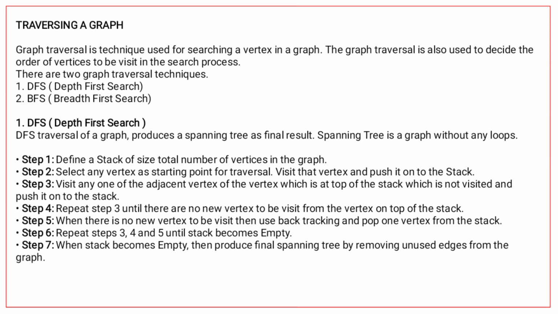Step 6. Repeat steps 3, 4 and 5 until the stack becomes empty. And step 7. When the stack becomes empty, produce the final spanning tree by removing unused edges from the graph. Now these steps are used in depth first search.